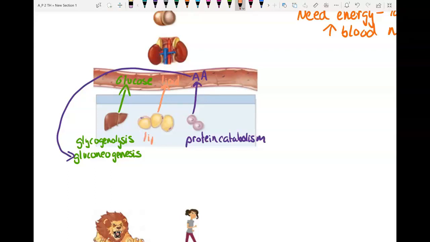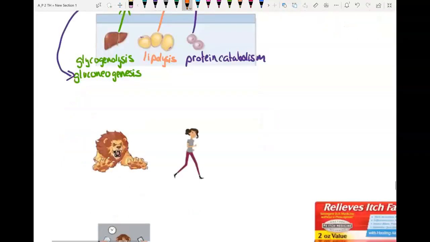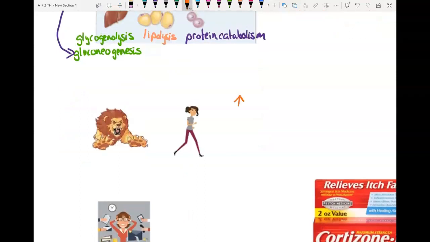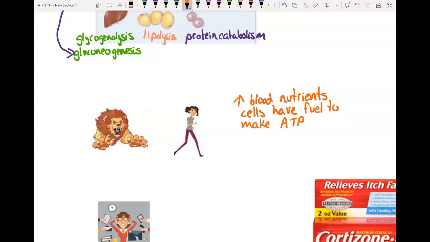So we're going to do lipolysis in your adipose tissue. So these things, you raise your blood nutrients, so that your cells have the fuel to make ATP. And then you have the energy to deal with the stress.